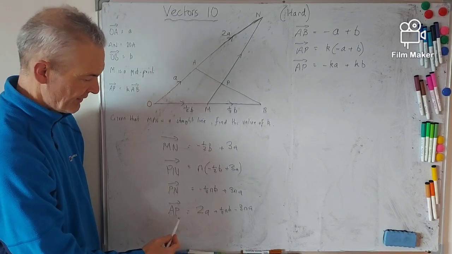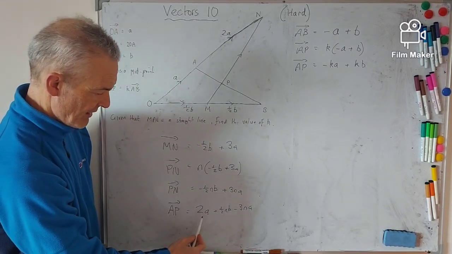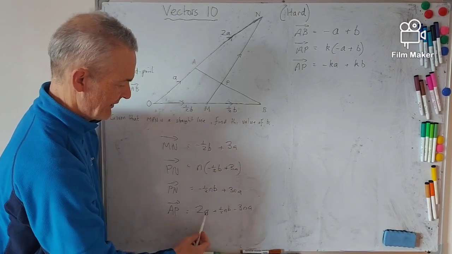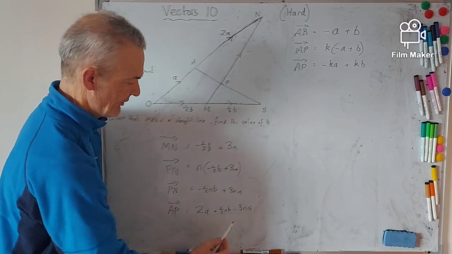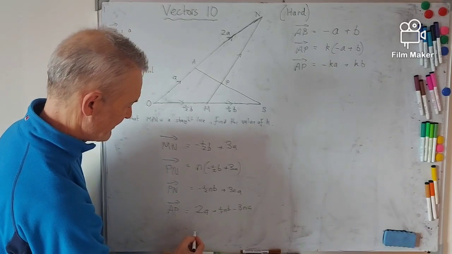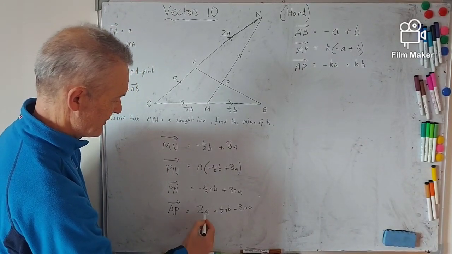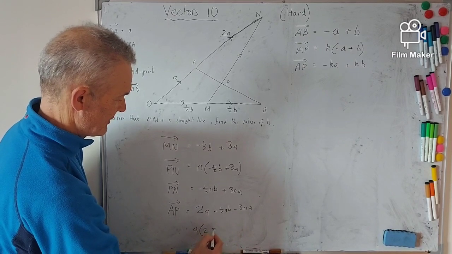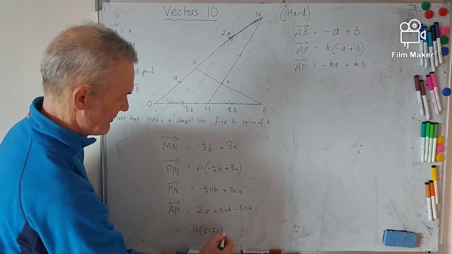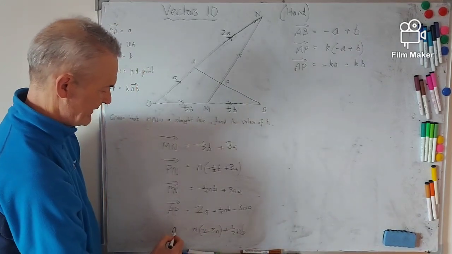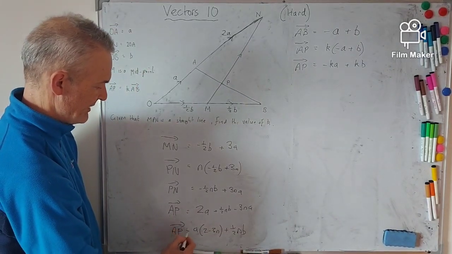Now I'm going to factorise the A's. So we've got 2 lots of A in there. So I'm going to pull A out as a common factor, and I'm going to get 2 minus 3n plus. So that is AP.